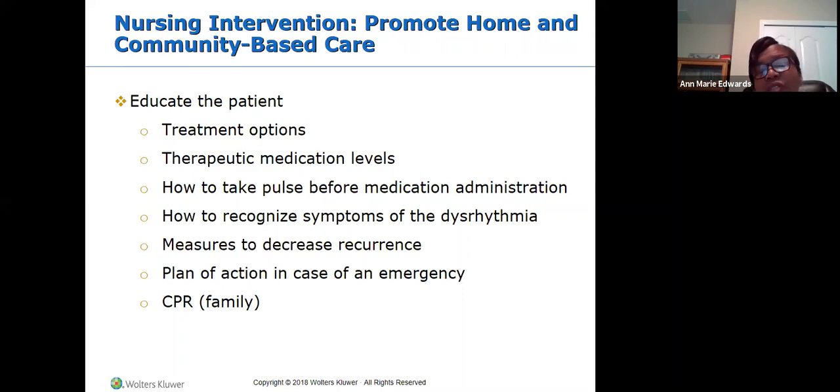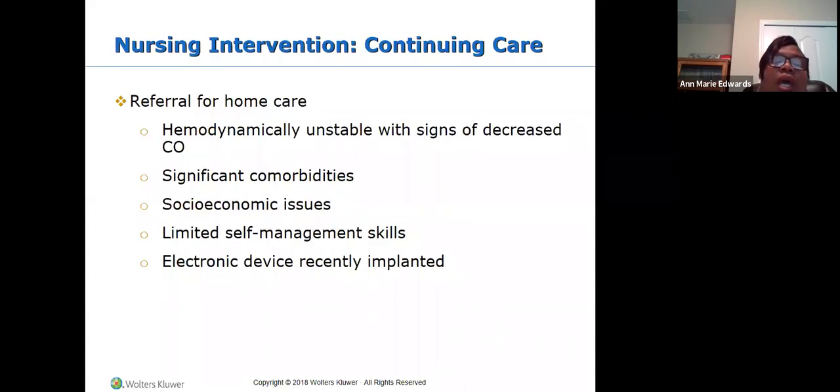We may also have to educate the family on how to perform CPR in case they need to do it for their loved one. And we have to refer these patients for home care, and they may be hemodynamically unstable with signs of decreased cardiac output. They may also have significant comorbidities, socioeconomic issues, and limited self-management skills. So we have to teach them self-management skills.